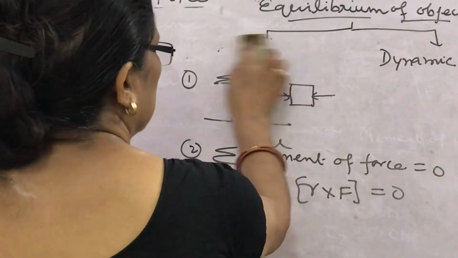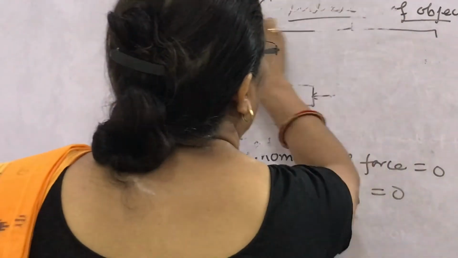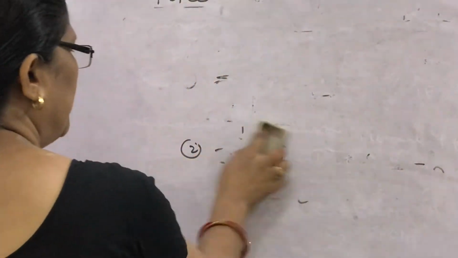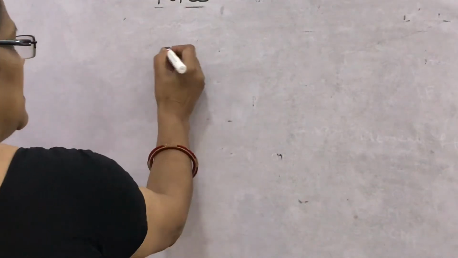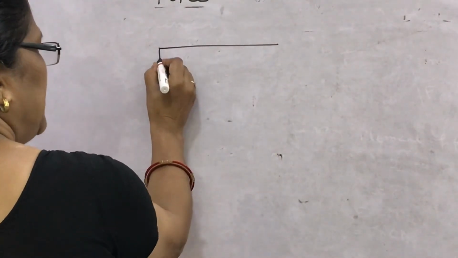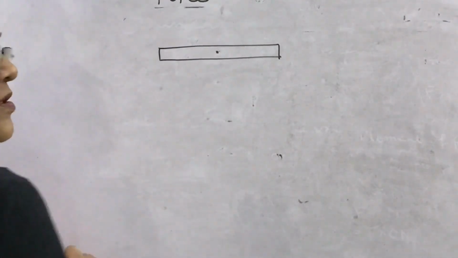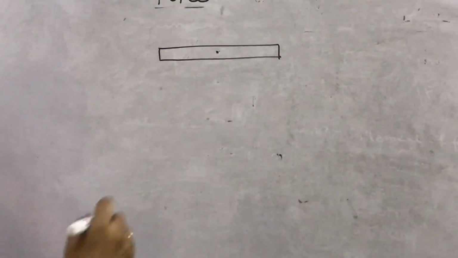Now, what is the principle of moments? Finally, we discuss this. What do you mean by principle of moments? This principle of moments is nothing, it is something you have experienced in daily life. Suppose this is a beam balance.